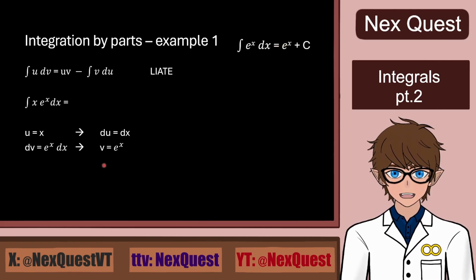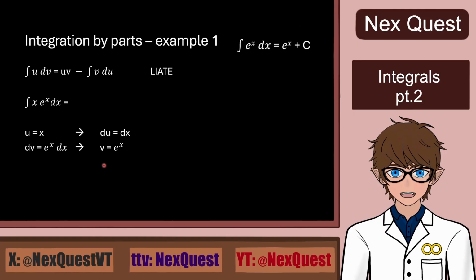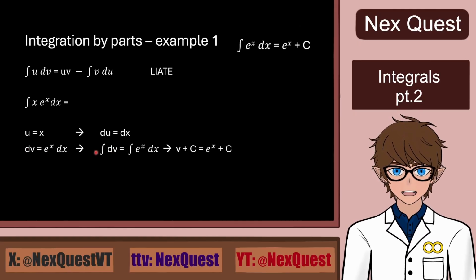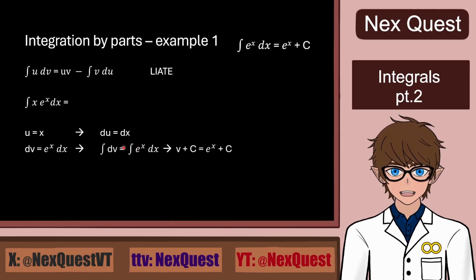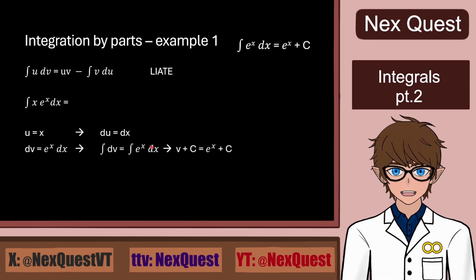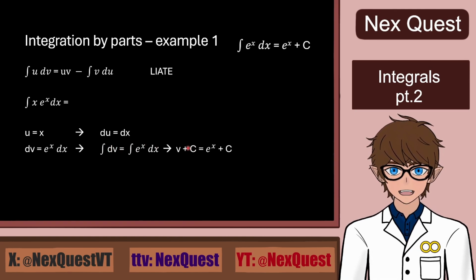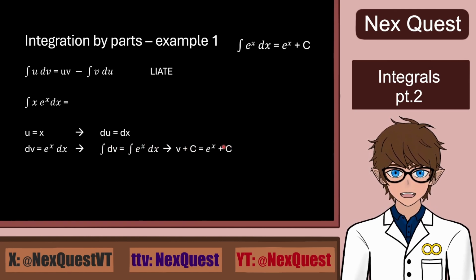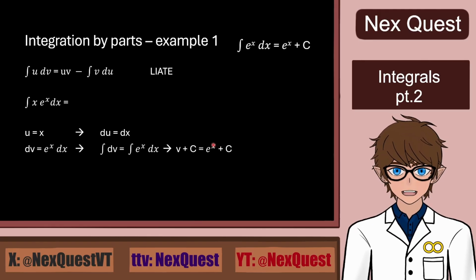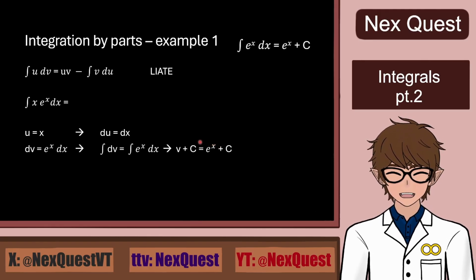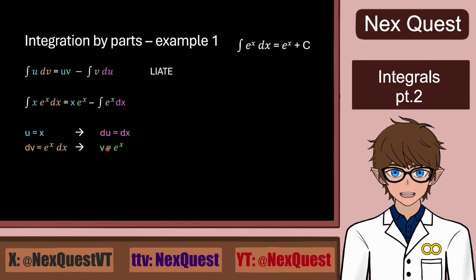Why isn't there a plus c? Good question, let's check it out. So we have this, and we rewrite it as integral on both sides. We're integrating each side, so we're getting v plus c on the left and e to the power of x plus c on the right. And technically it is the same constant, so it cancels out, leaving us with v equals e to the power of x.